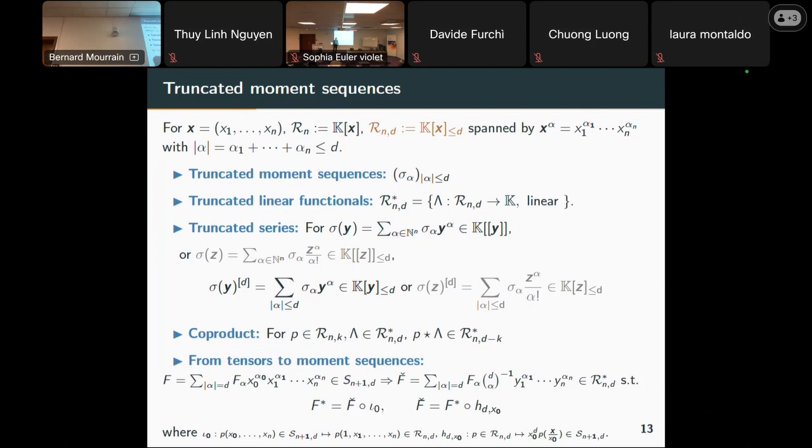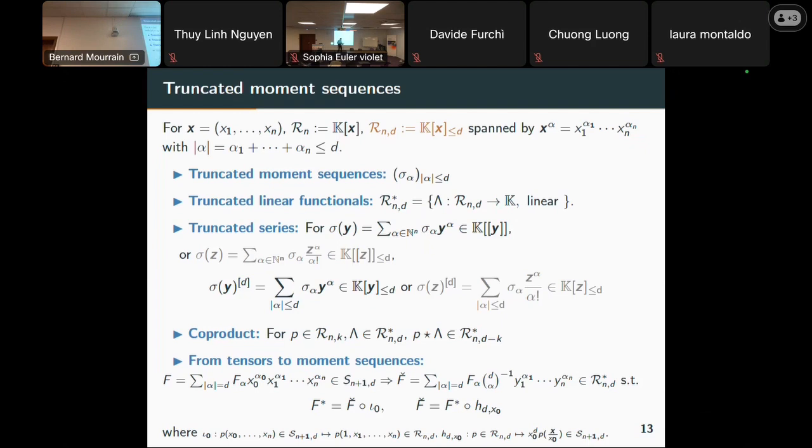So f star there is not homogeneous. F star is homogeneous. It's defined on the dual of the homogeneous polynomials. As it is written here, it's the dehomogenization of f hat.